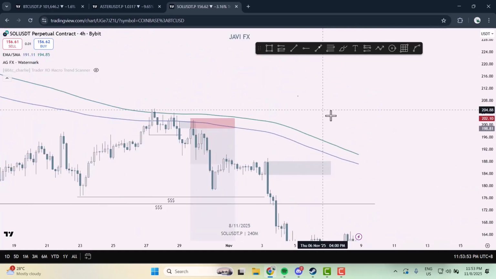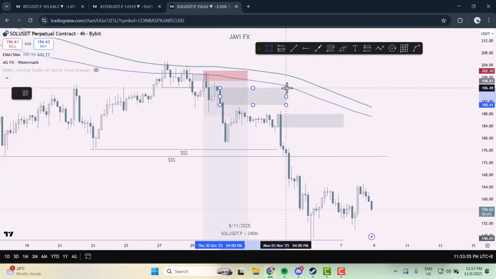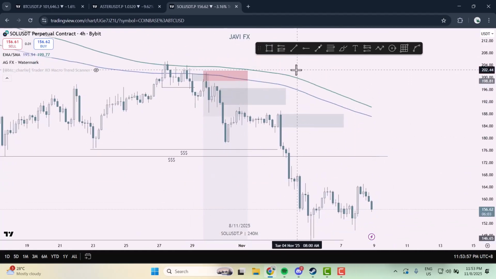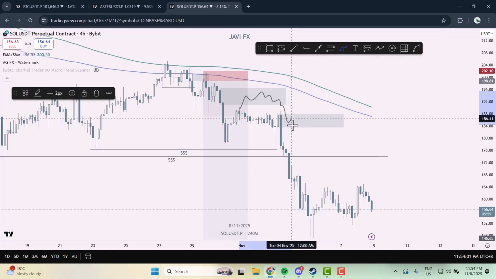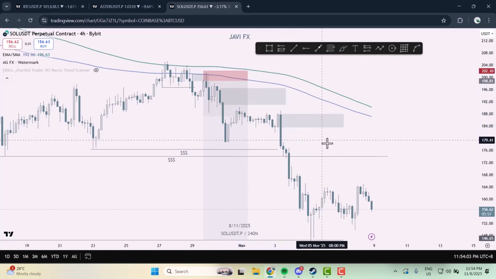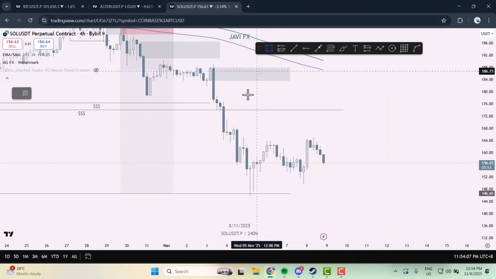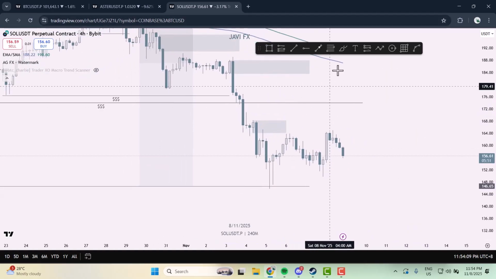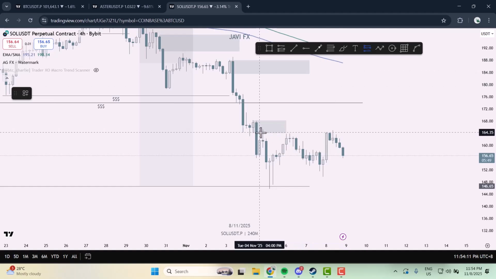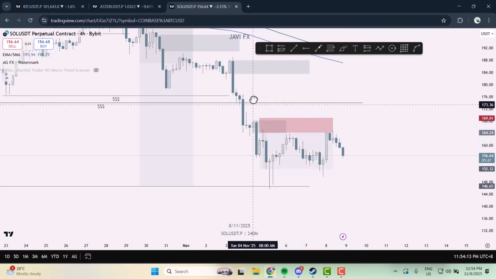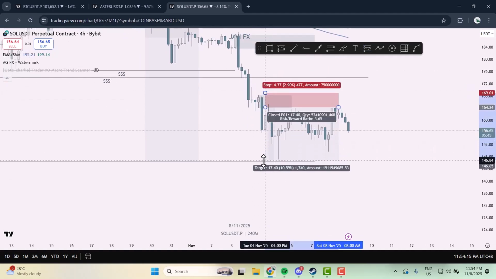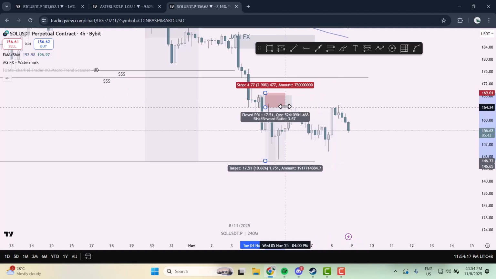It never went to our supply zones ever again. Unlike Aster, unlike Bitcoin, where price pumped a little bit further where you can get in. But Sol never let you get in. The only trade that you would be in is this, targeting this low here. That's it.